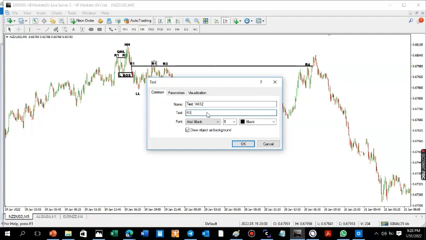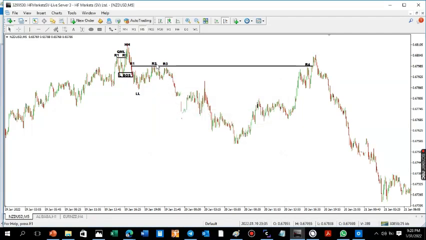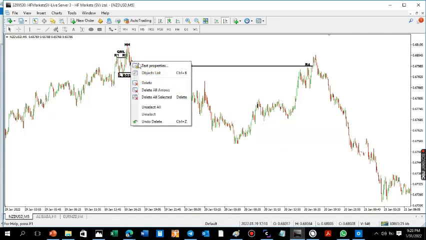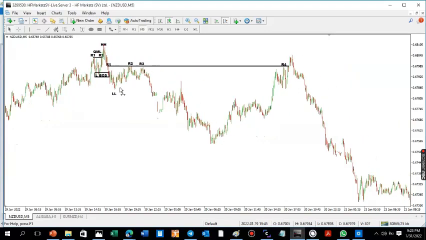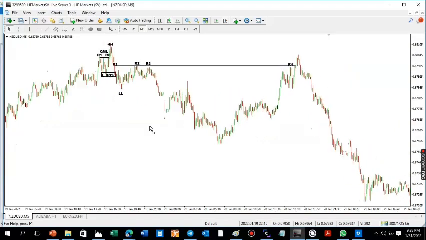Then the next one was R2 right there. And then this was R1, right? Yeah, this was R1. So this looked very, very nice.